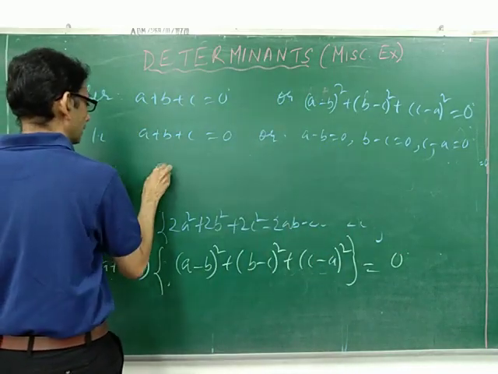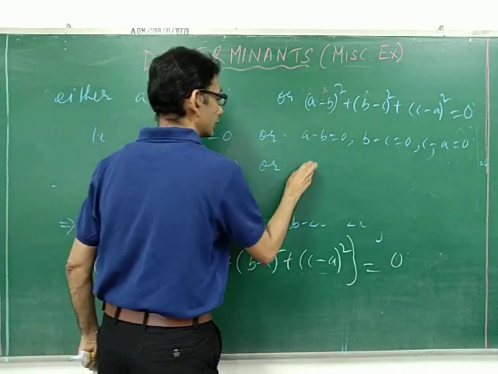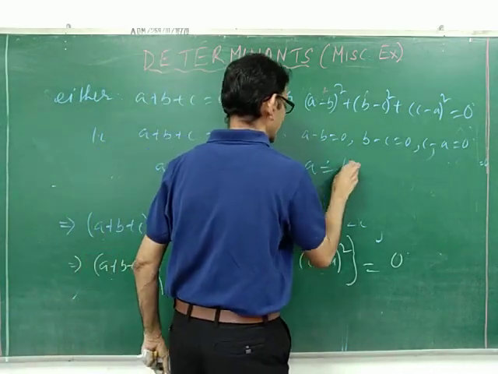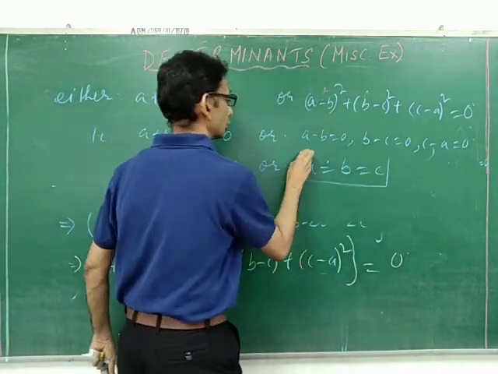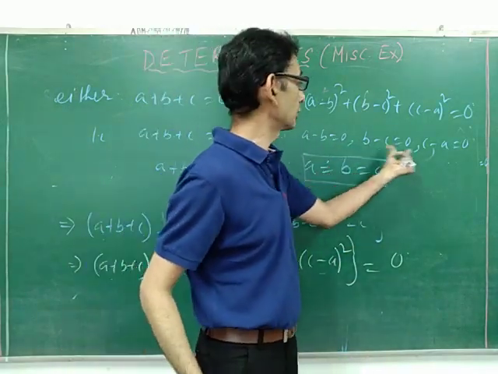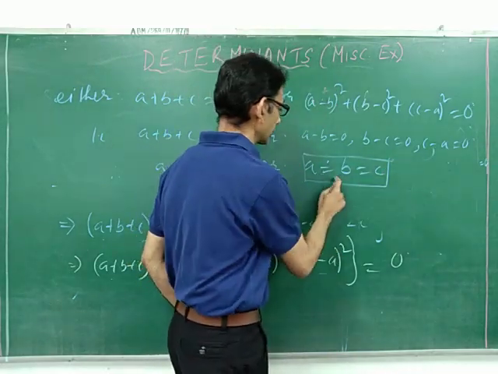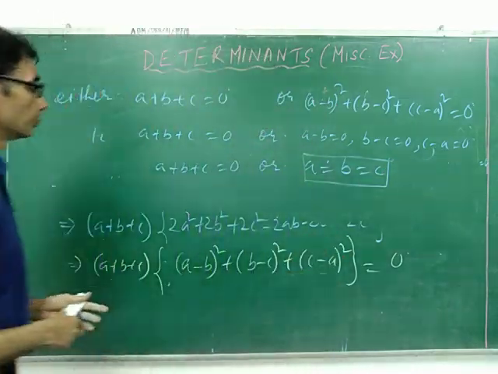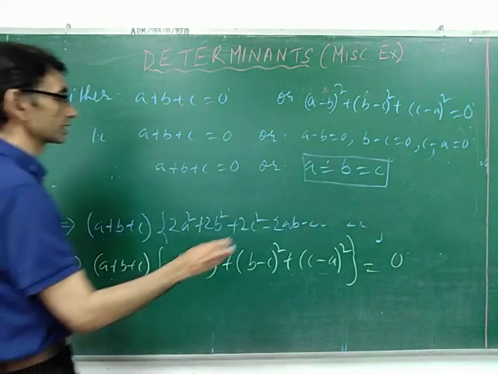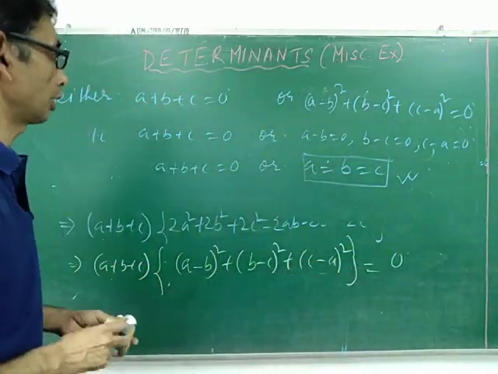Therefore, either a plus b plus c equal to 0, or from this we are going to get a equal to b equal to c. Because from this expression we are going to get a is equal to b, from here b is equal to c, from here c is equal to a. So if you combine the three equations, you are going to get a equal to b equal to c. So this is the final answer of that question number 2.